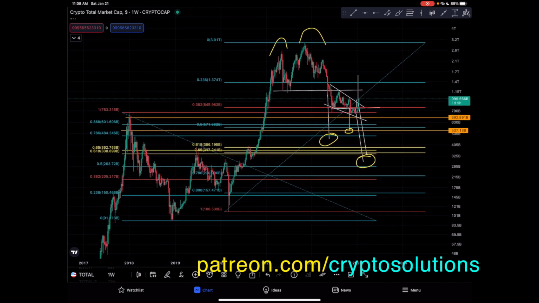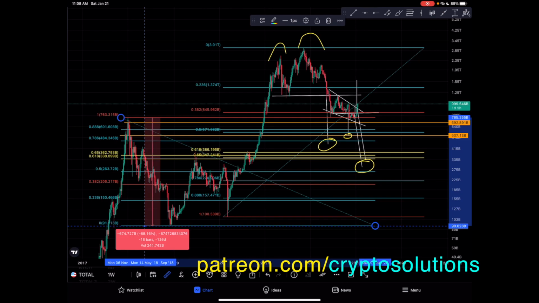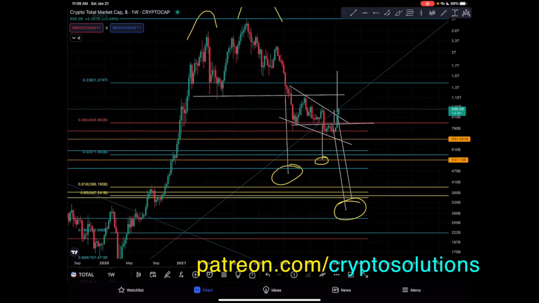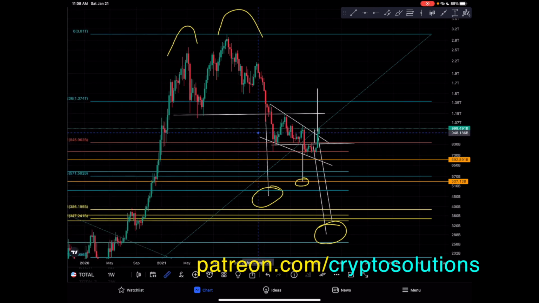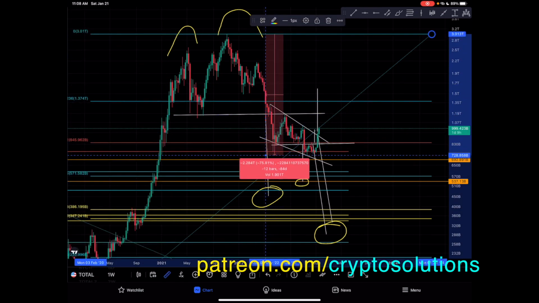Like I mentioned in my previous video, the previous bull run right here had a pullback of around 88%. Okay? And this one right here had a pullback around 75%.